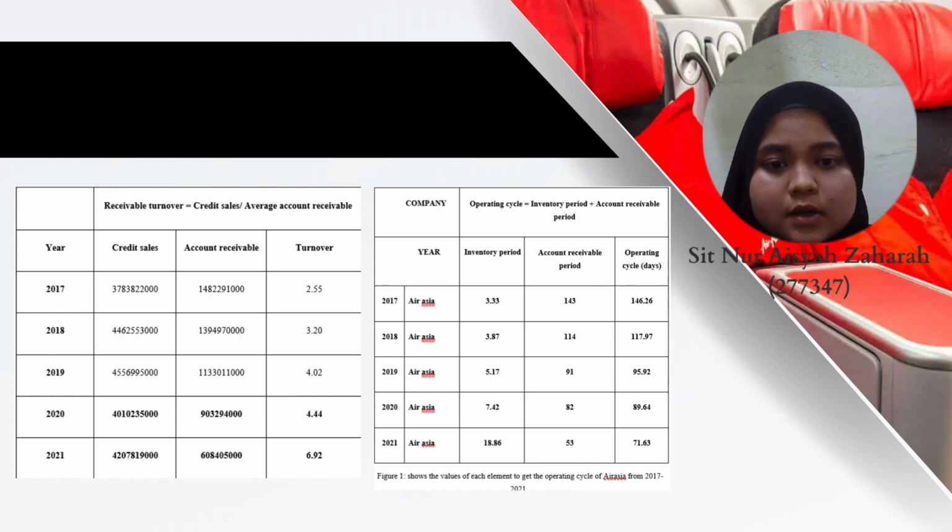And the last one is the operating cycle, because we already got everything, the total of the inventory period and also account receivable period. We get operating cycle by using inventory period plus account receivable period.